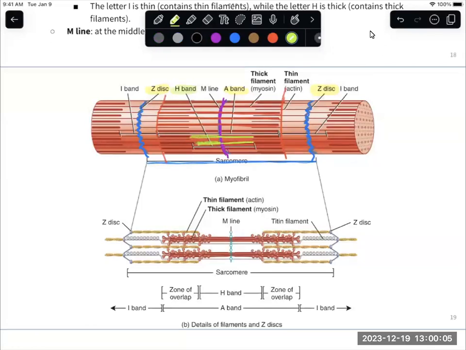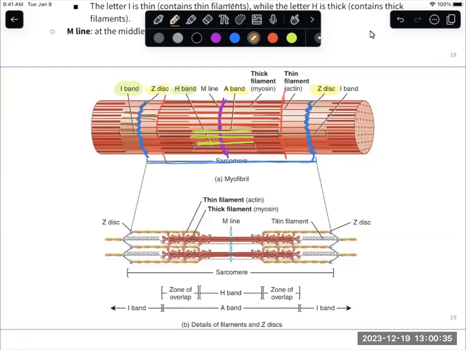So those thick filaments and nothing else. That is my H band. My I band, that's what I was looking for before. My I band is just thin filaments. Nothing else here, just these little bits of thin filaments from one side to the other. That is my I band.